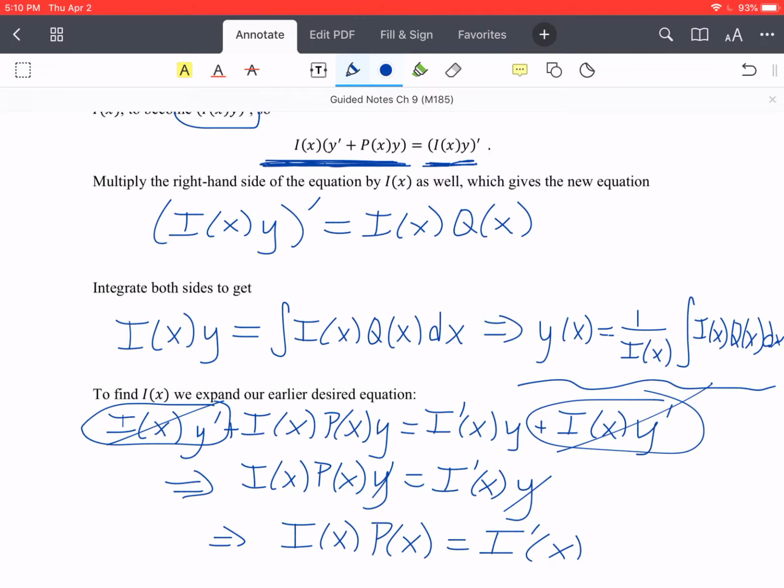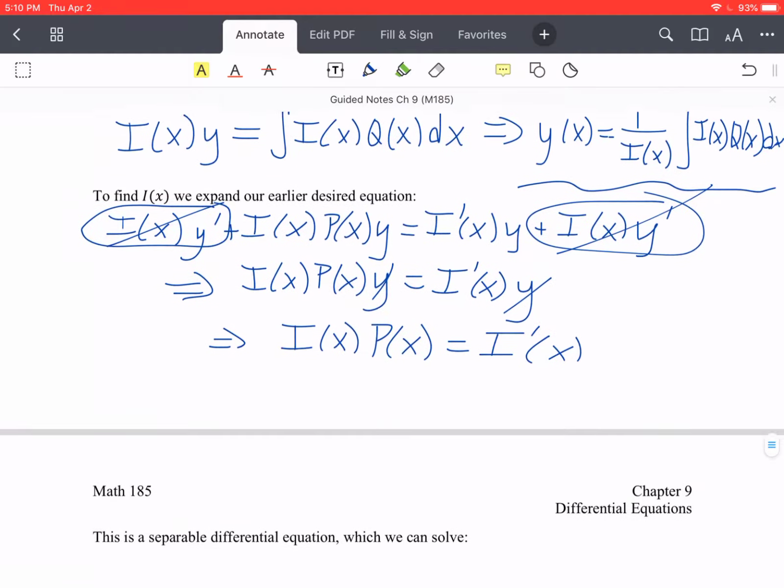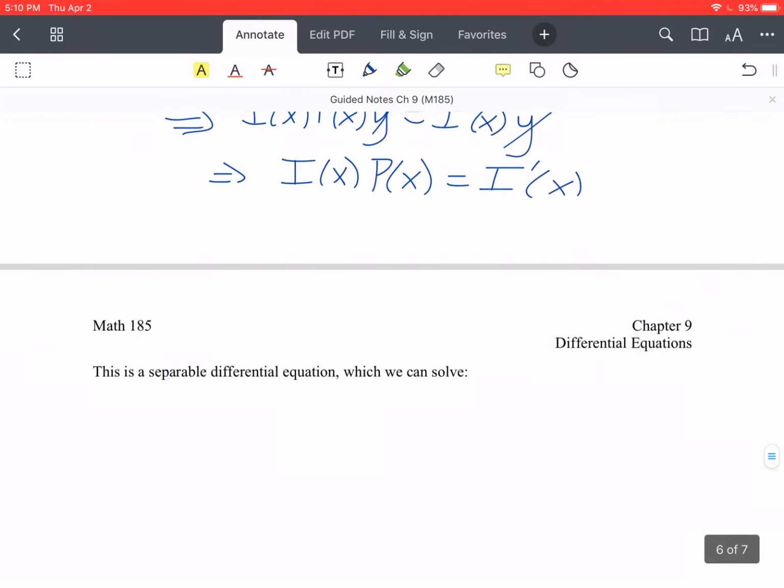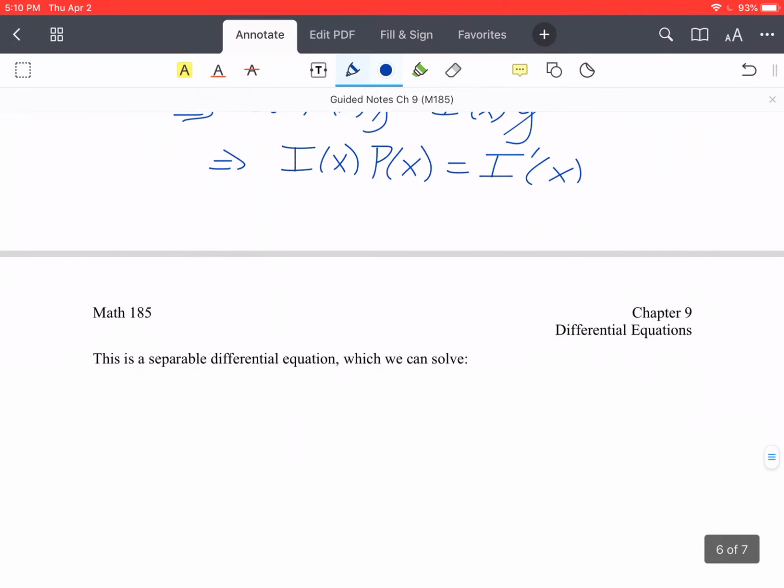Now, what can we do with this? Well, if you look over at the next page, this is a separable differential equation where x is the input variable and I is considered the output variable, kind of like y in a general function. Okay, so we can rewrite this. So write this as I of x times p of x equals dI/dx.